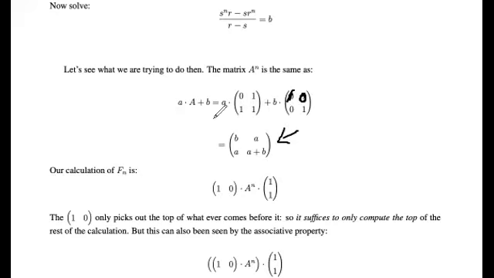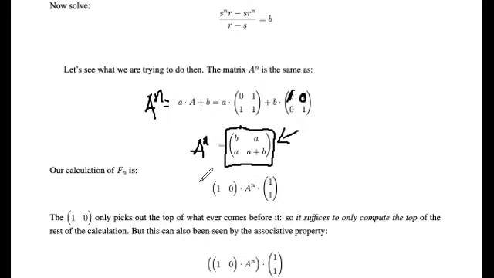So the calculation of Fn is simply going to be, this right here is our matrix. This is what A to the n is equal to, from our modular arithmetic calculation. So we're going to throw that in here.